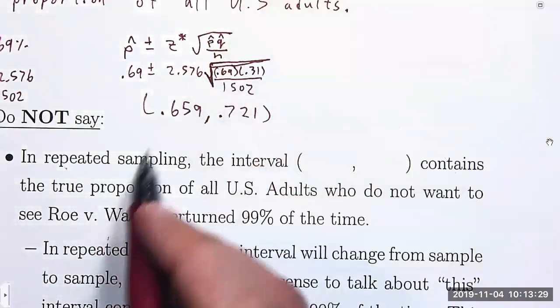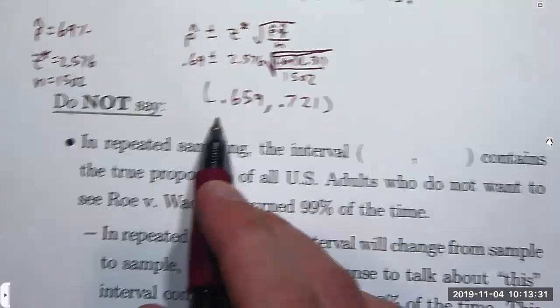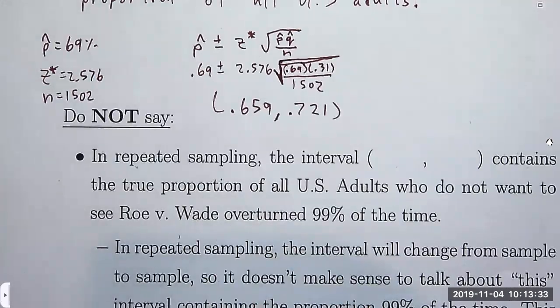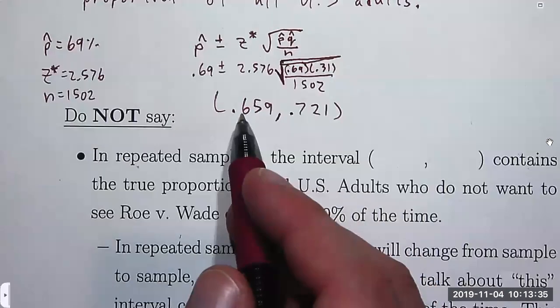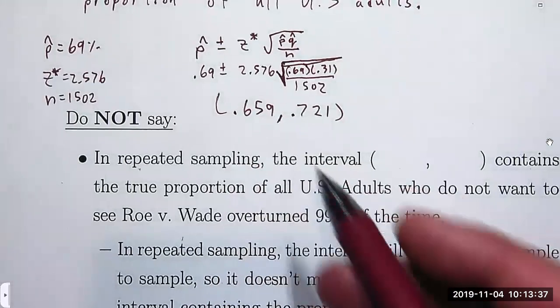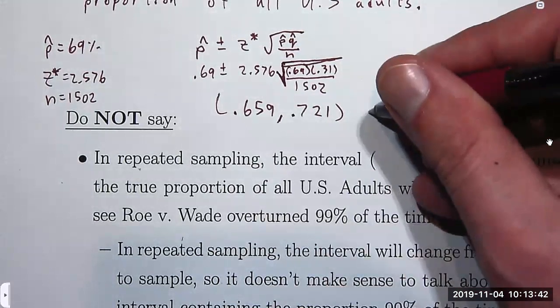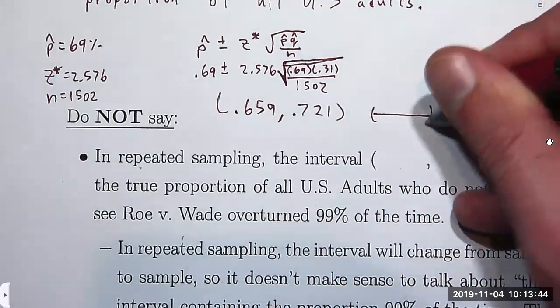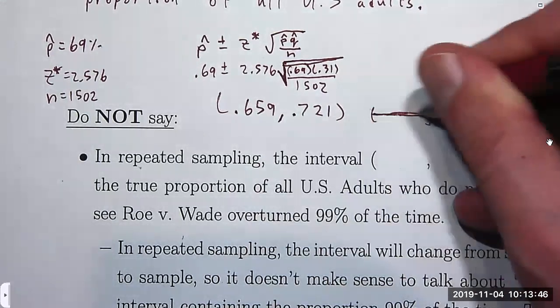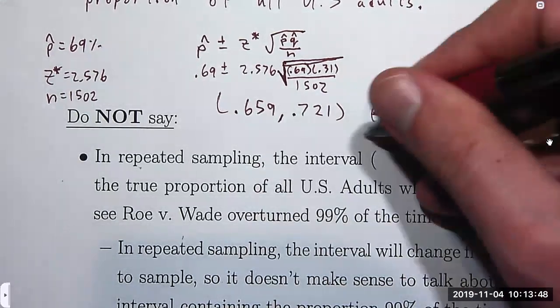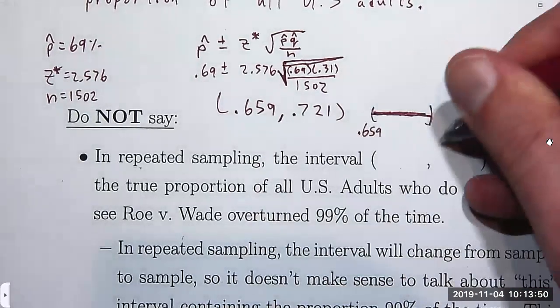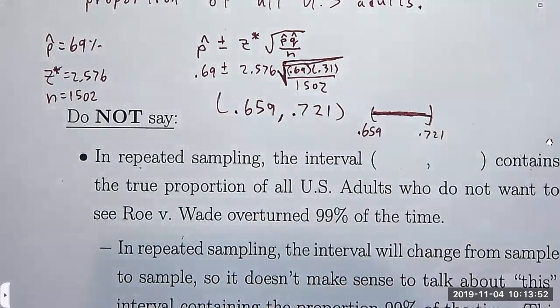And this is interval notation. What that means is that the lower bound is 0.659 and the upper bound is 0.721. So it's literally an interval like this, some kind of a length, 0.659 to 0.721.